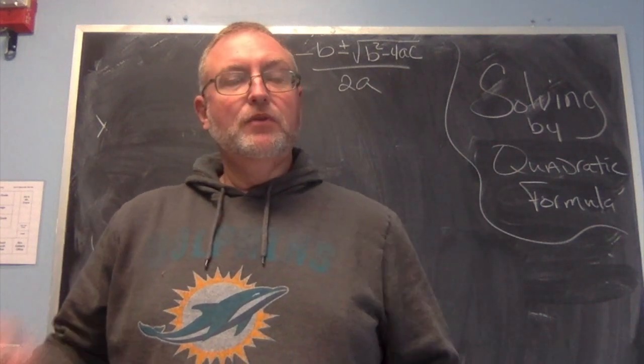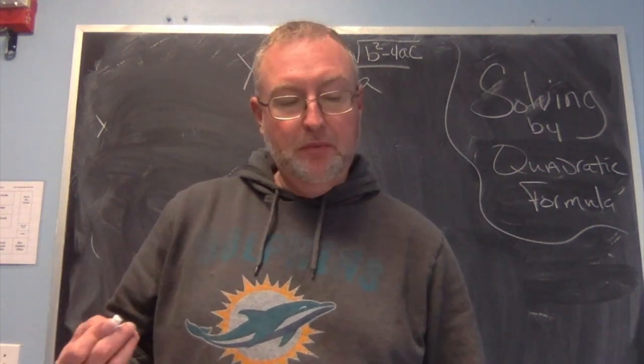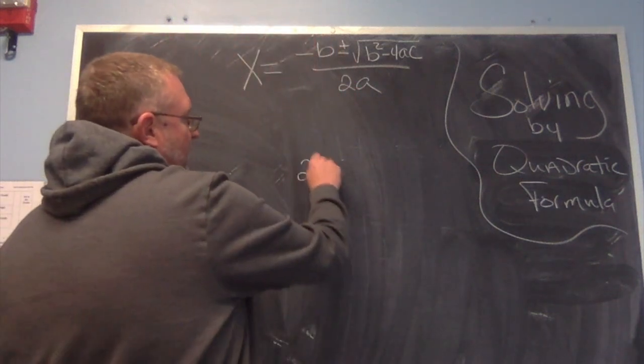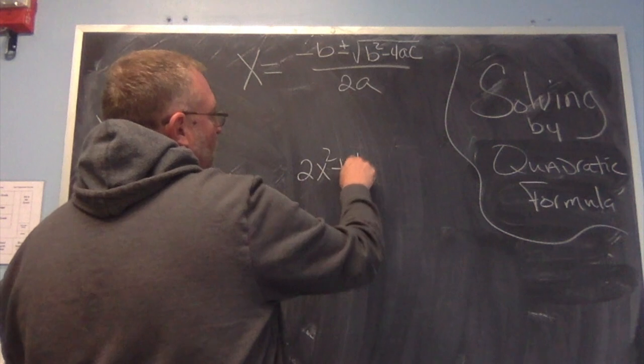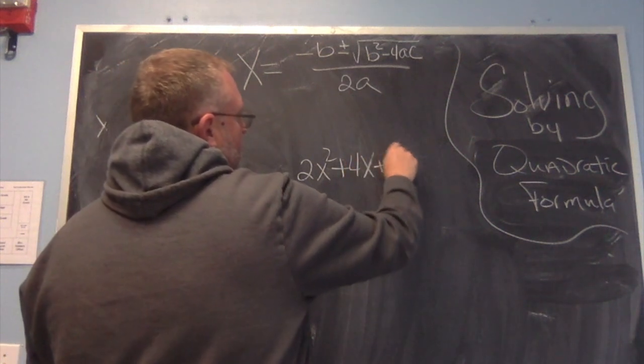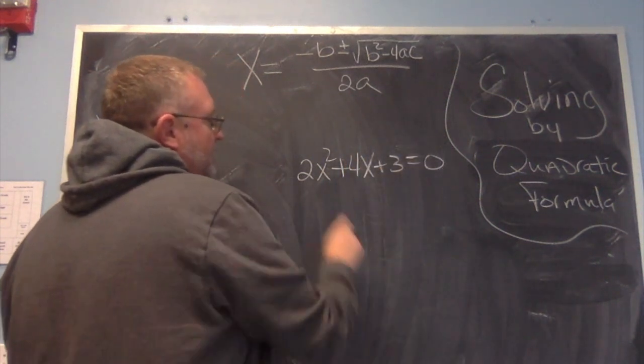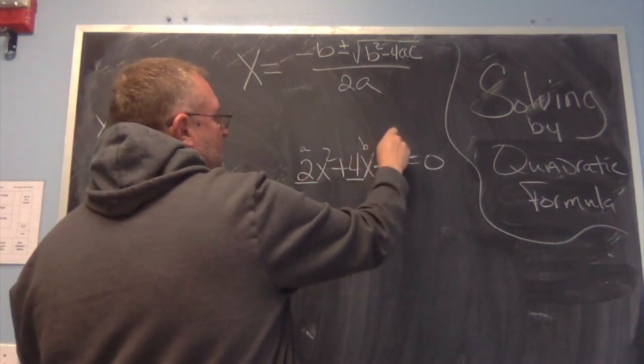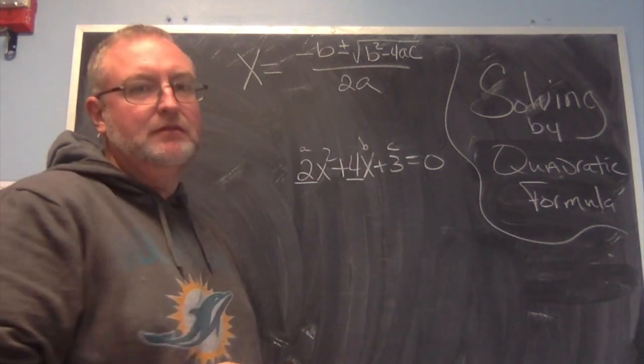Remember, when you have a formula or an equation, such as 2x squared plus 4x plus 3 equals 0, that is A, that is B, and that is C, the numbers.